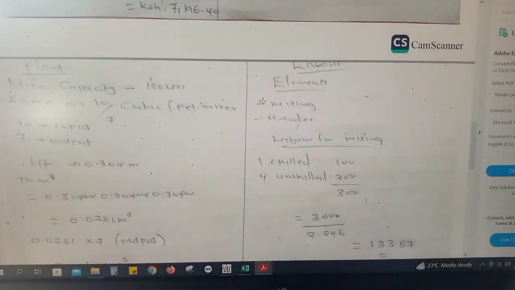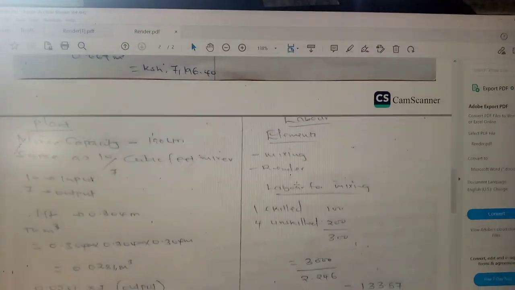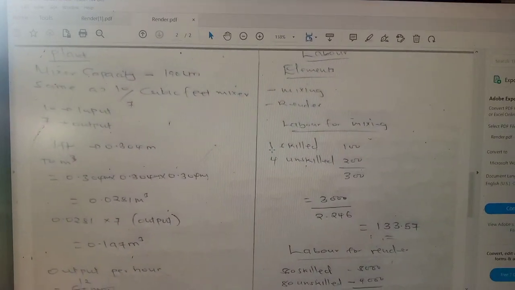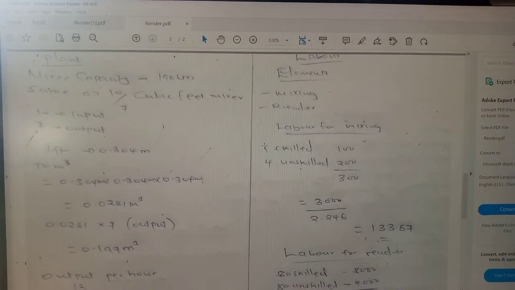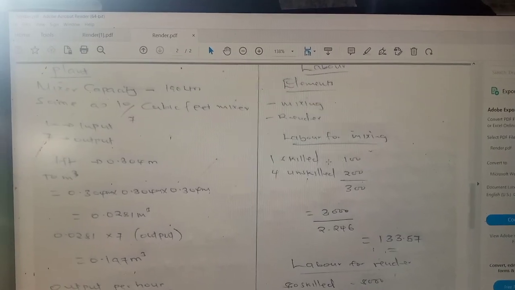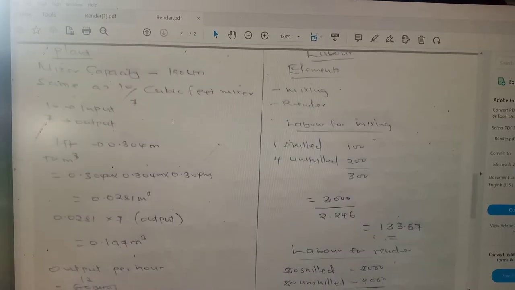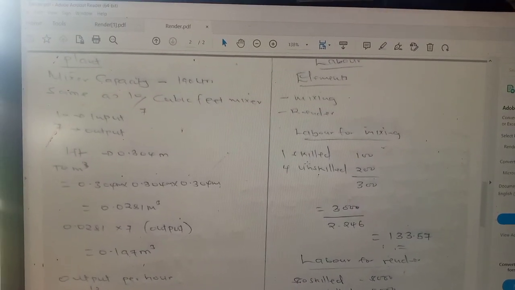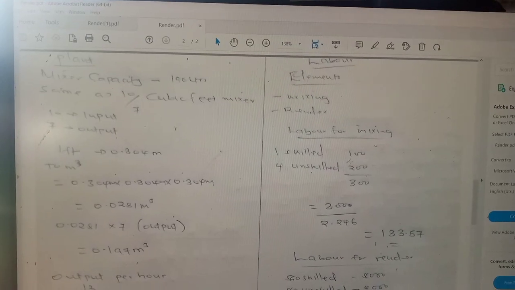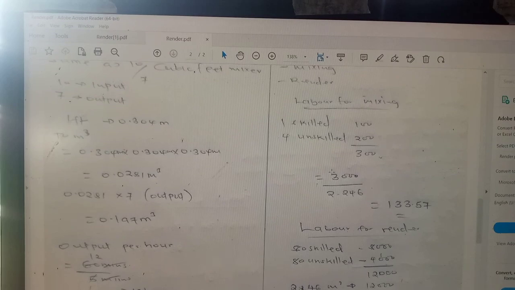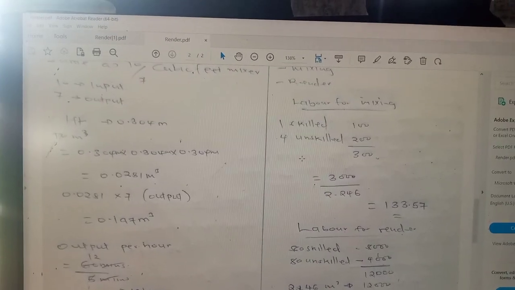So we start by calculating labor for mixing. For labor for mixing, we get that 1 skilled labor, these are factors, these are constants. It does not change unless specified in the question. So you'll get 1 skilled plus 4 unskilled will do the mixing using the mixer.